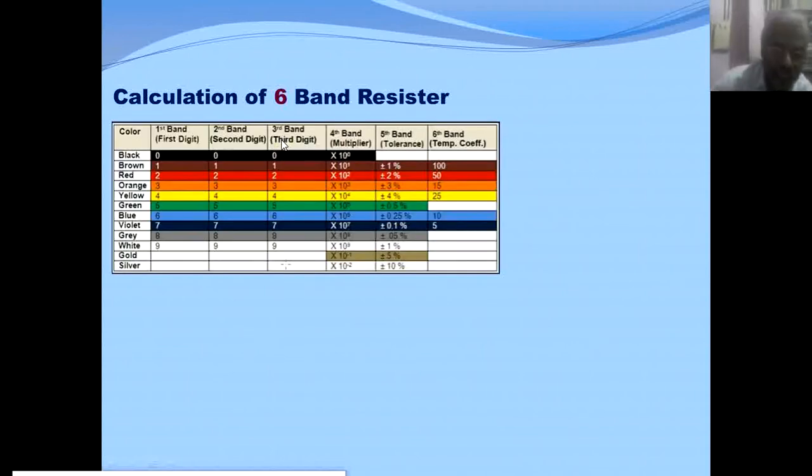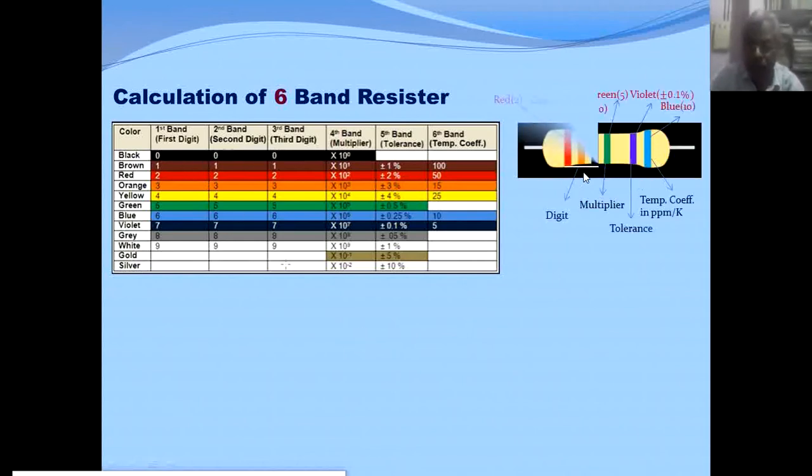For the 6-band resistor we use this resistor code, and I have taken here one resistor that has 6 different codes or 6 different colors. In these colors, the right side is identified with the help of separation. The last 2 colors are more separated than the other 4 colors.